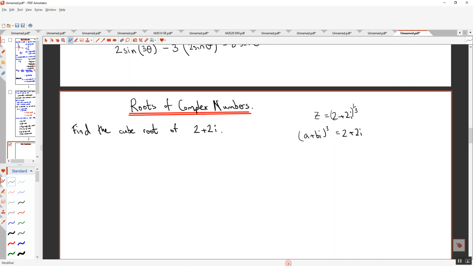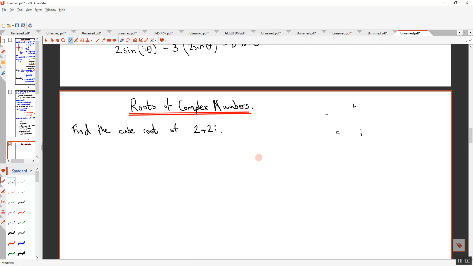However, with this method that I'm going to show you, it's a lot easier and quicker because it enables us to find any root. So we could find, like in that exam question, the 24th root, or however many roots we want. So we want to find the cube root of this. Now, if I'm finding the cube root, how many roots will there be? 3, okay.